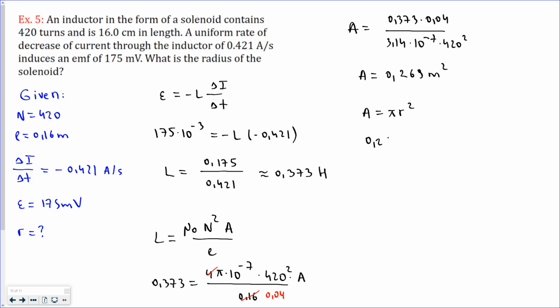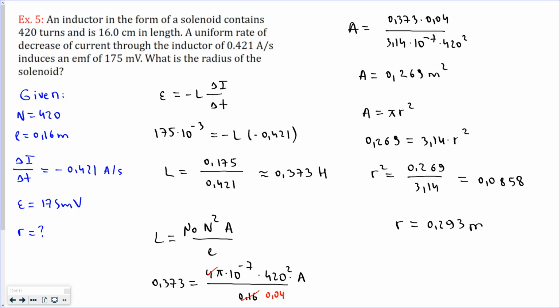So 0.269 is equal to 3.14 times radius squared, and the radius squared is equal to 0.269 over 3.14, and again by a calculator, we found that this is 0.0858, and if we take a root of it, we found that this is 0.293 meters, and the final answer for the radius is approximately 29.3 centimeters. So that's it. This is the final problem.